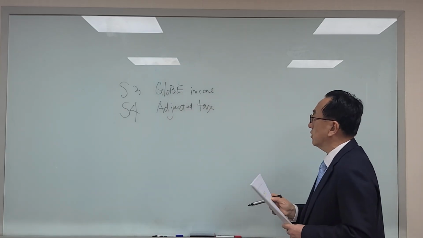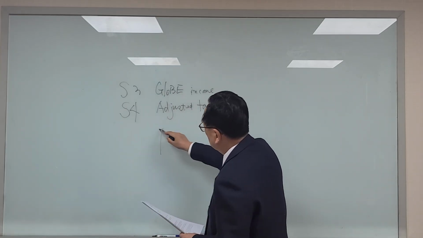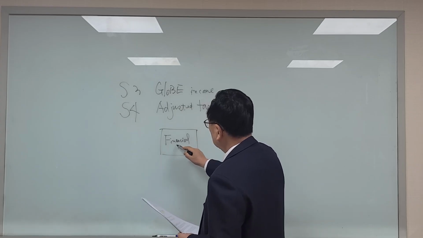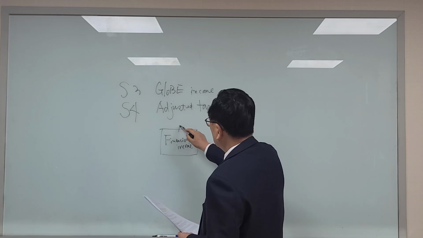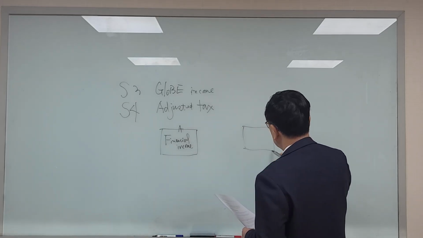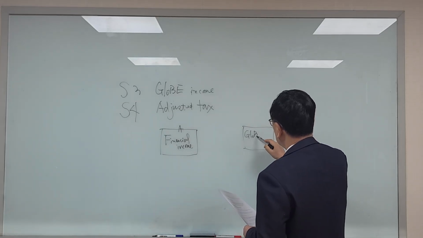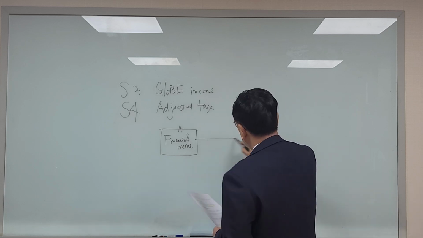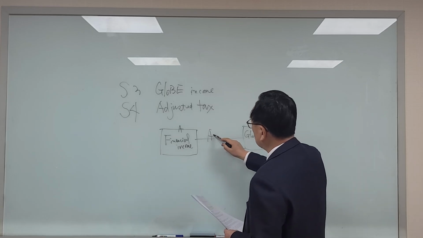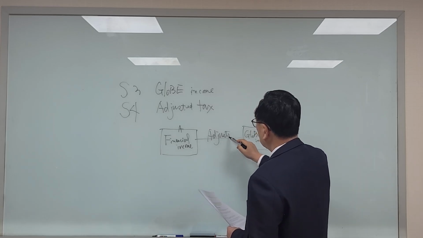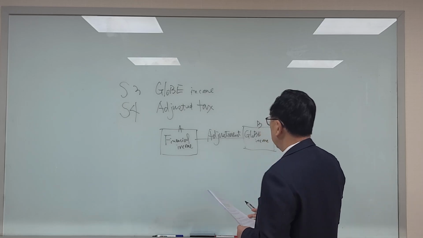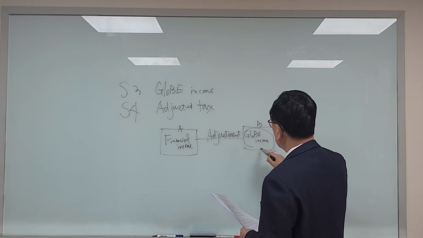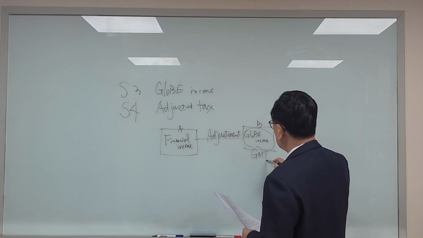Similar to step 3, in global income, we compute the financial income, income A, and global income, income B. Between A and B, there is an adjustment. So we call the income after adjustment global income for computation of GMT.